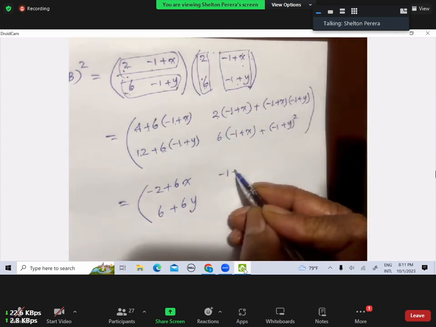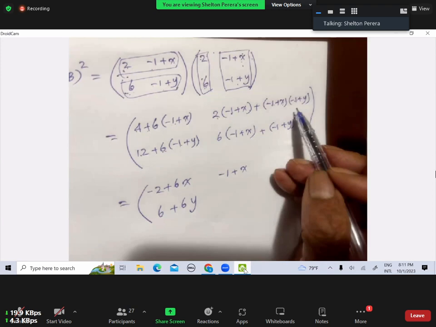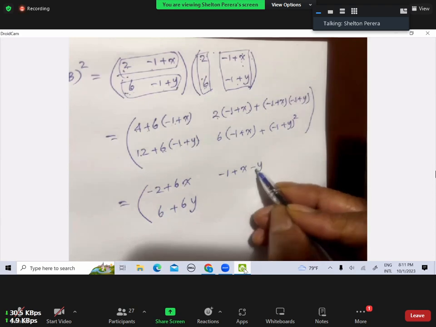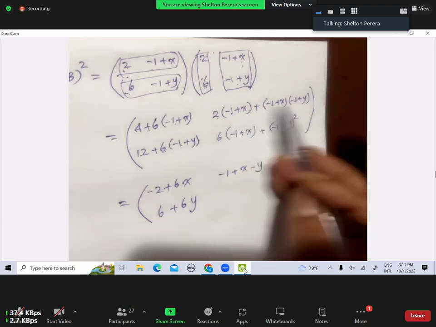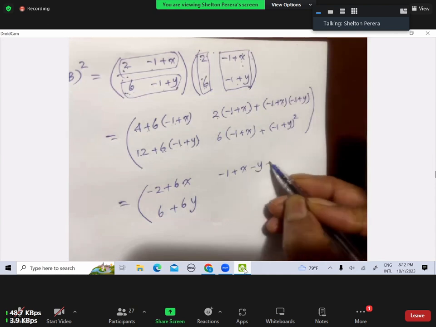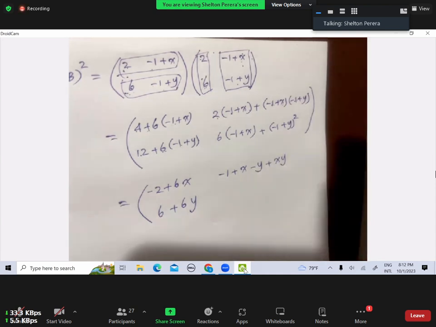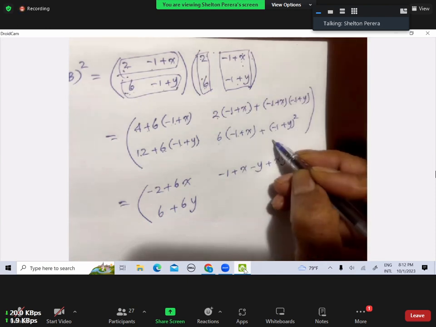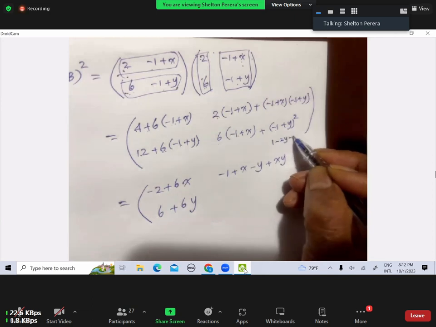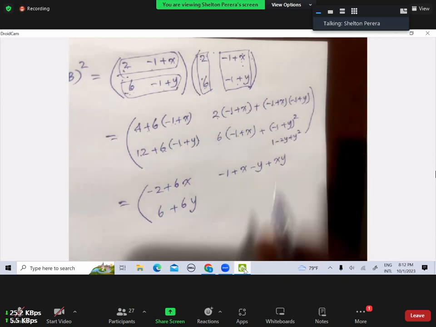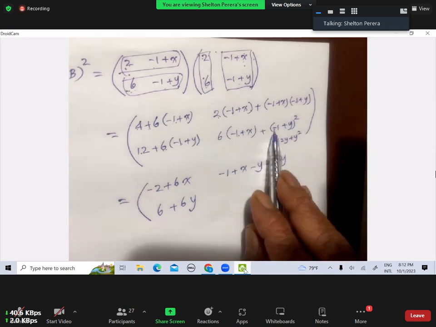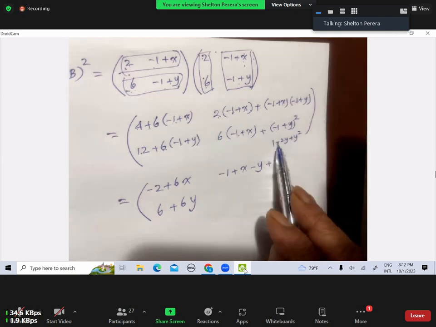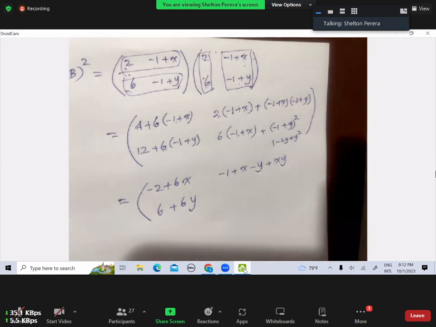So plus x, negative y. Negative 1 times y, negative y. And then this one is xy. Plus xy. That is the term there. Here, negative 6. Here, negative 1. This is 1 minus 2y plus y squared. A plus b squared: first term squared, negative 1 squared is positive 1. Twice the product of these two, that is negative 2y, plus last term squared, y squared.